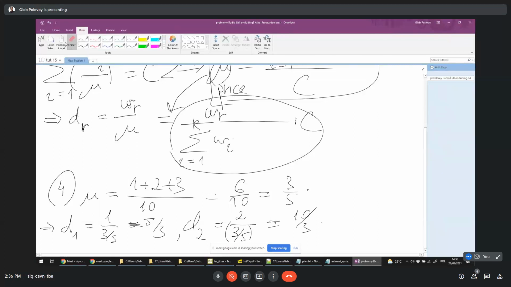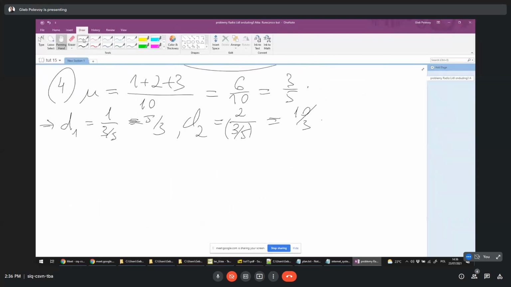Oh, I've picked the wrong 2. Player 3 gets 3 divided by 3 over 5, which is 15 over 3, which is 5. Don't have to simplify it even, but it's 5. Good.